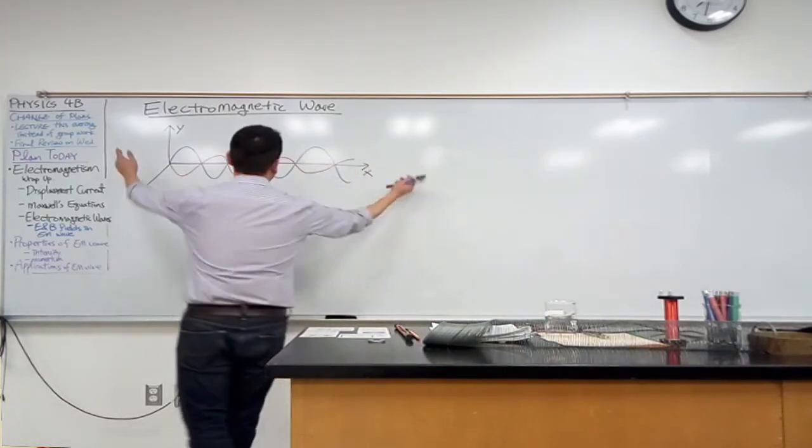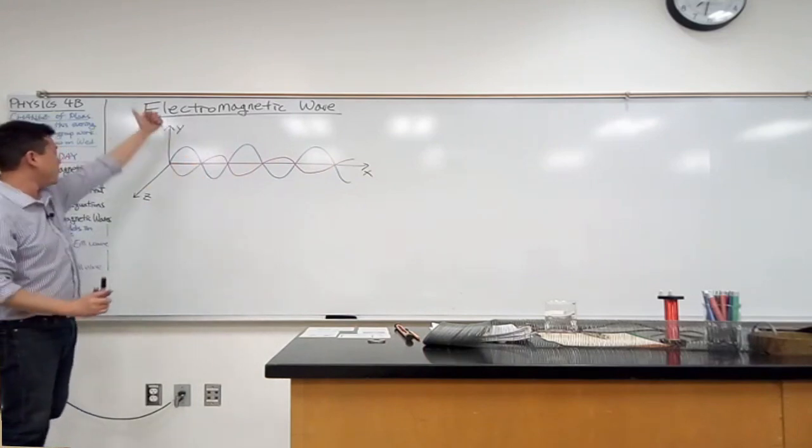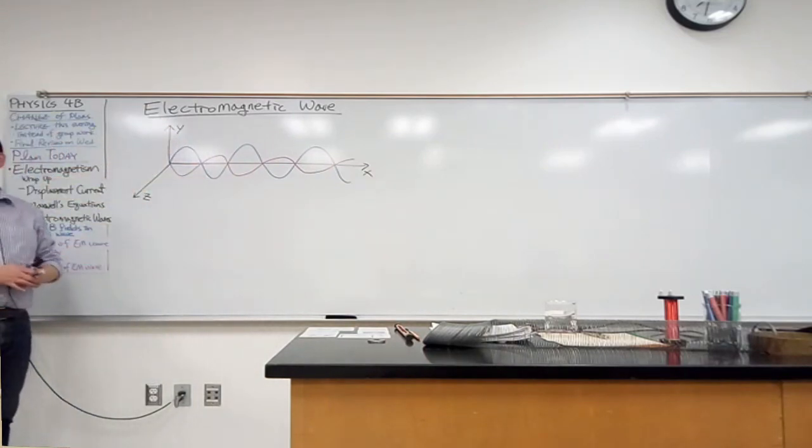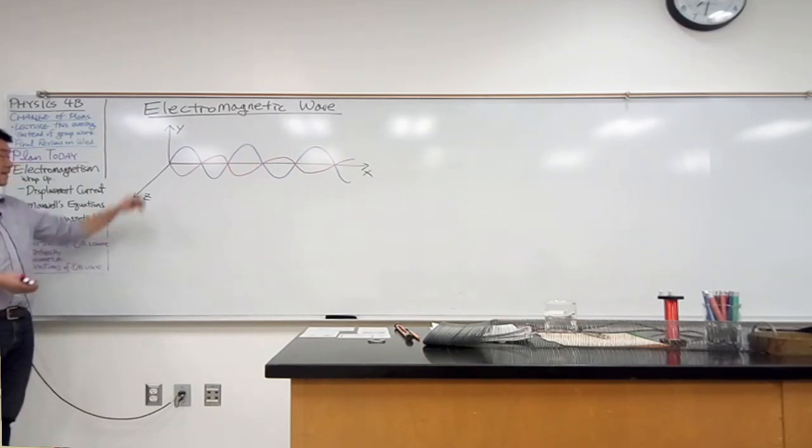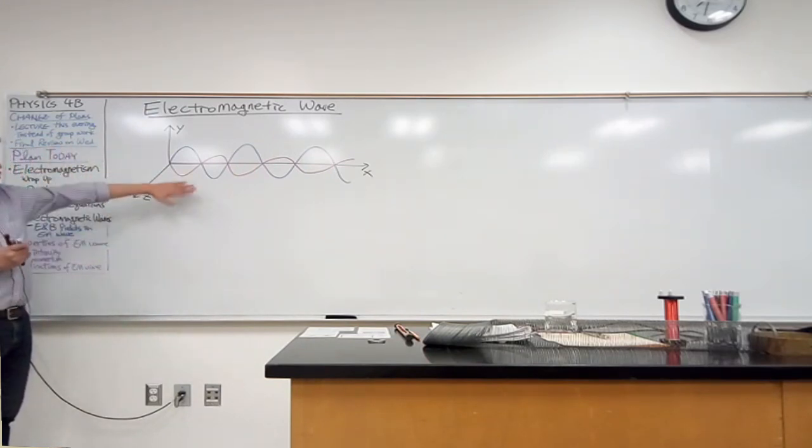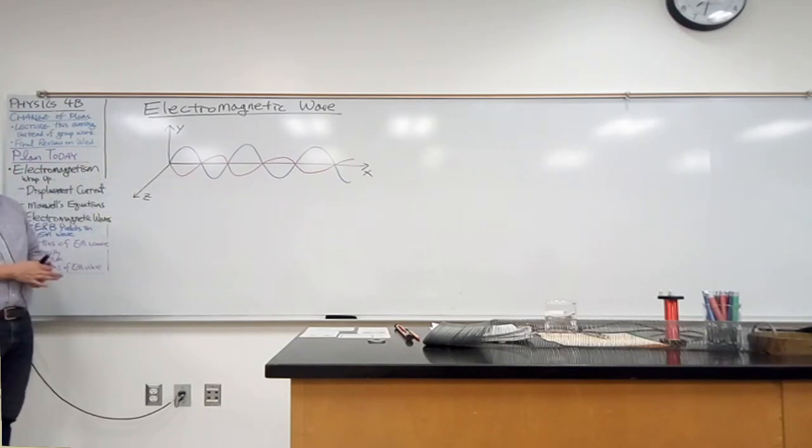So, this is my coordinate system, x, y, z, and I drew them in a perspective view this time so that I can draw magnetic fields in a way that's not out of the board and into the board.